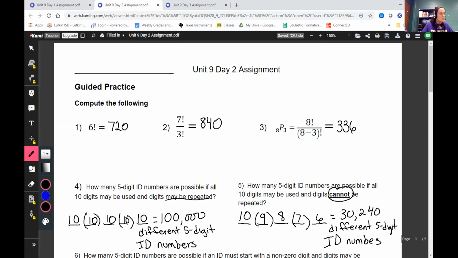Okay, so some of you may be confused by that. So think of a picture. If you have a bag with your numbers in it, 0, 1, 2, 3, 4, 5, 6, 7, 8, or 9, you have 10 options in that bag for that first draw.